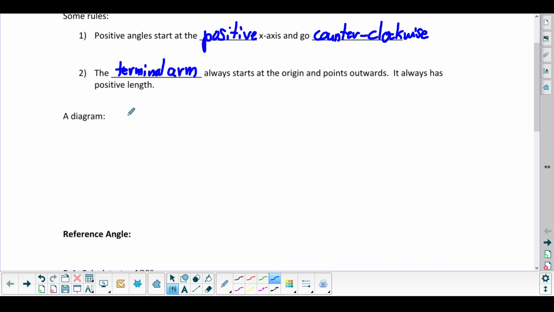I'm going to choose 135 degrees. We're going to draw 135 degrees on a diagram here. To do that, we're going to draw a Cartesian axis. We don't need any real labels right here, just drawing basically across the center where the origin is.